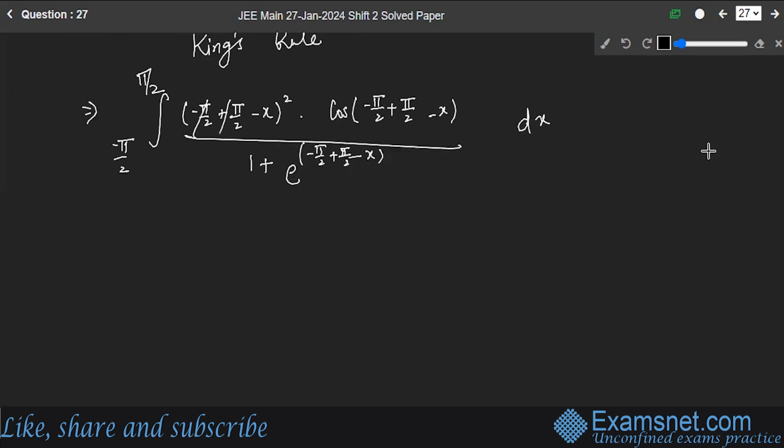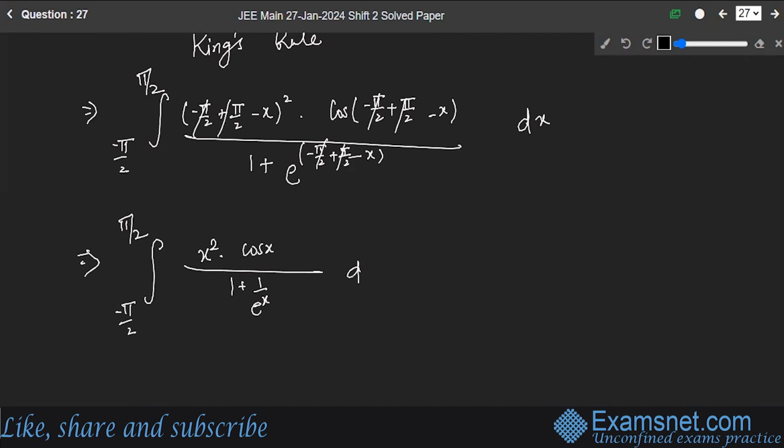Okay, obviously they will cancel out, and this will be minus pi by 2 to pi by 2, minus x squared. This will be x squared. Cos of minus x will give you this, and this will be this dx. This is minus pi by 2 to pi by 2, e raised to power x into x squared into cos x upon 1 plus e raised to power x dx.